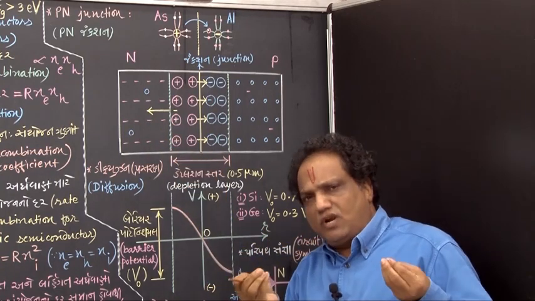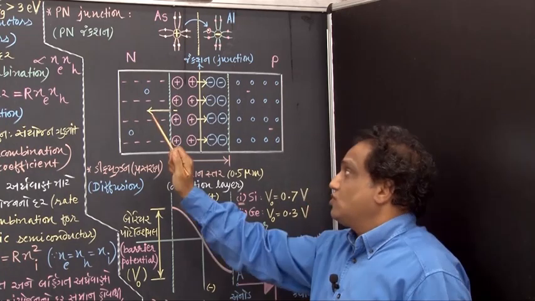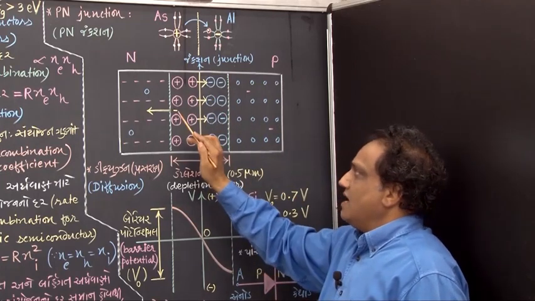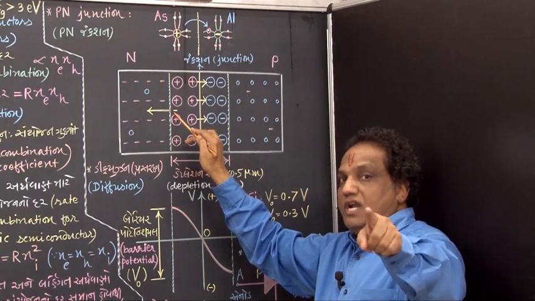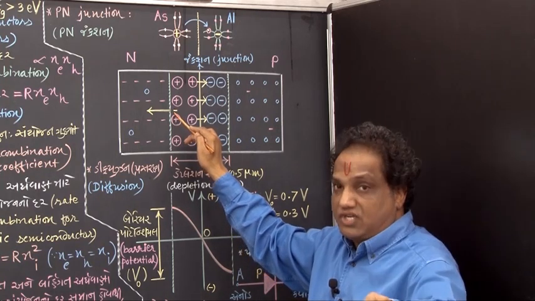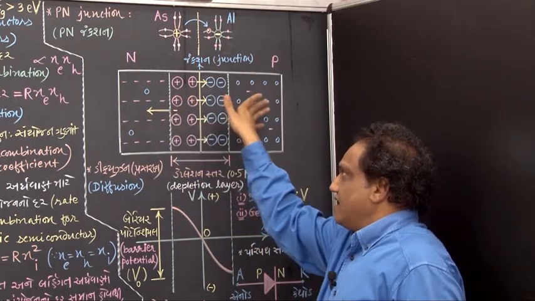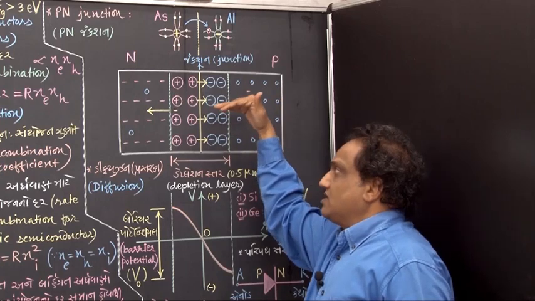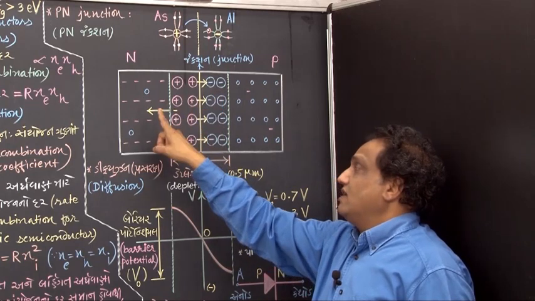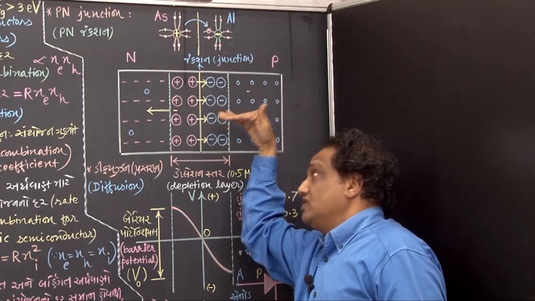At room temperature they have limited kinetic energy, and with that limited kinetic energy, if any electron tries to go from here to here, first of all it will enter this region, and as soon as it enters here, the electron has a negative charge, and a negative charge is always accelerated in a direction opposite to the electric field. If the electric field is toward the right hand side this way, then the electron will be accelerated in just the opposite direction. So as soon as any electron tries to enter this region, immediately this strong electric field repels that electron this way, okay.